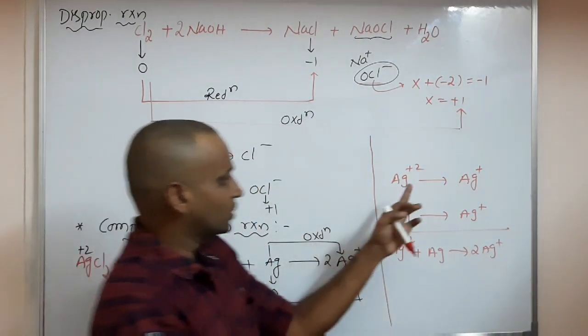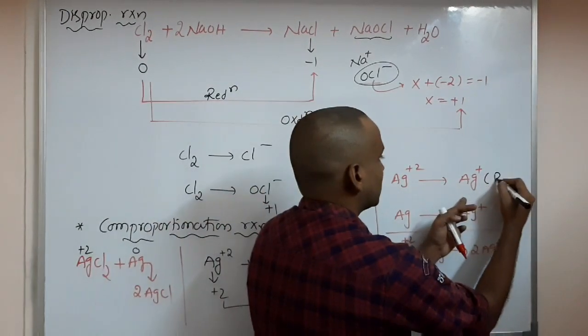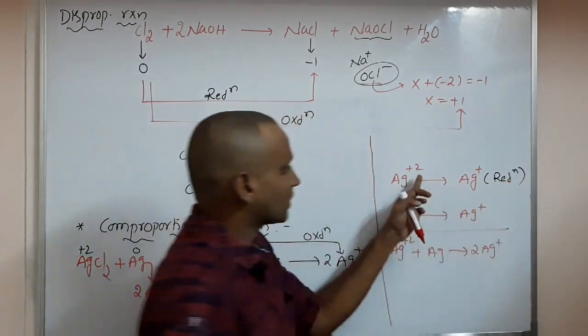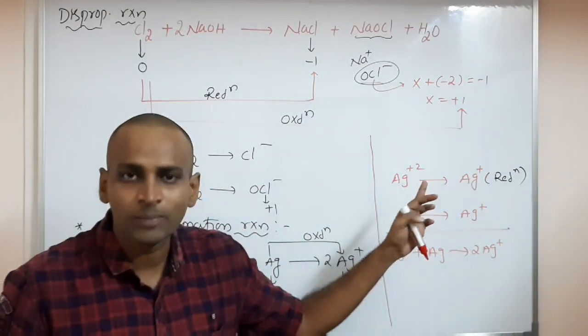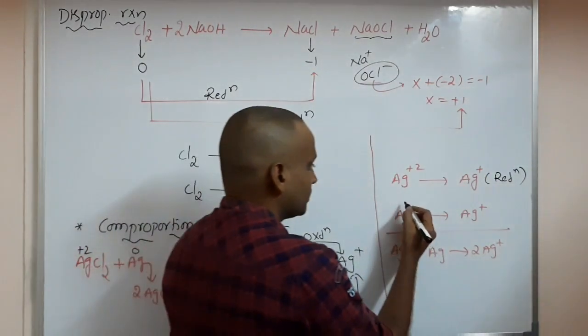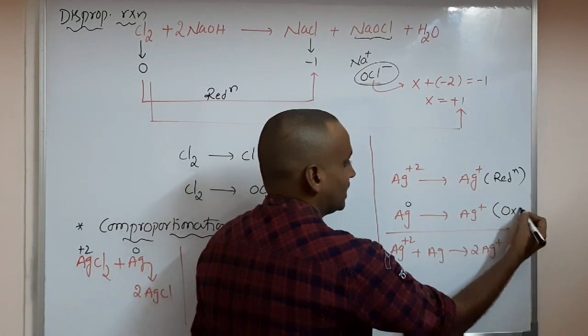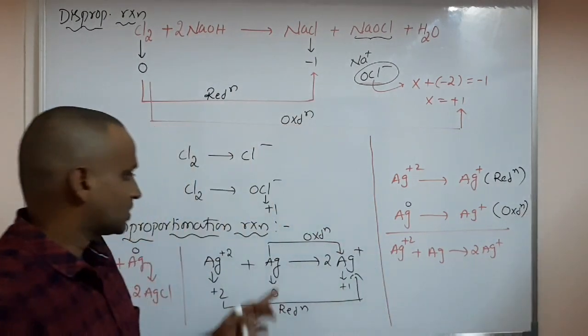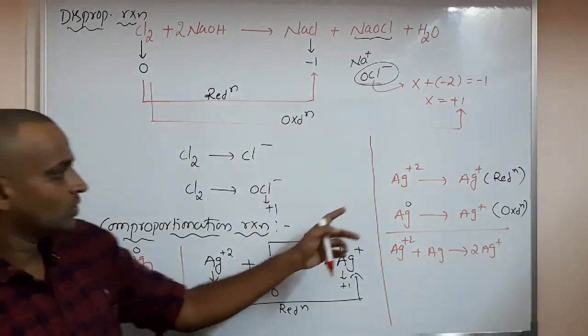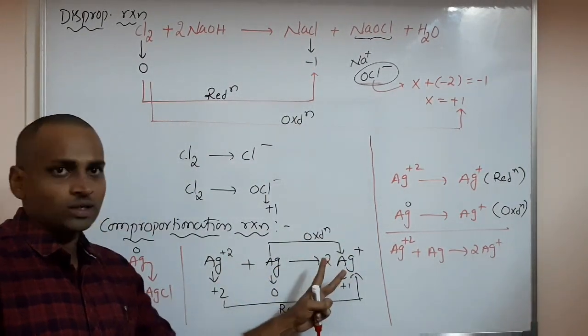Ag2+ to Ag+ is reduction, because the oxidation state reduced from +2 to +1. Here the oxidation state changed from 0 to +1. That means an increase in oxidation state, so that is oxidation.